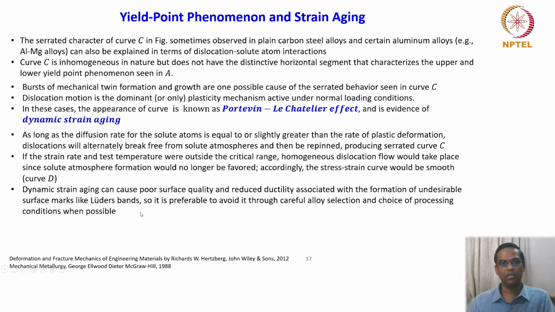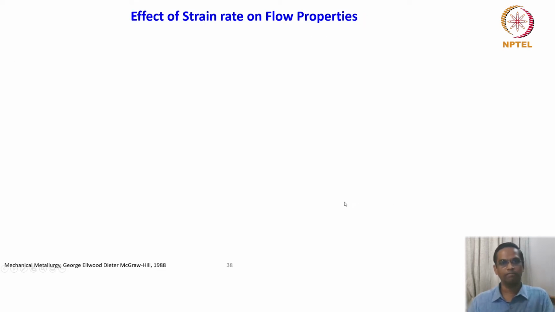Like we discussed in the case of Luder bands, dynamic strain aging is also going to leave a poor surface quality. So we need to select the appropriate processing, alloy design or other conditions to overcome this. Okay, that's about the yield point phenomenon and strain aging, which we looked at briefly.